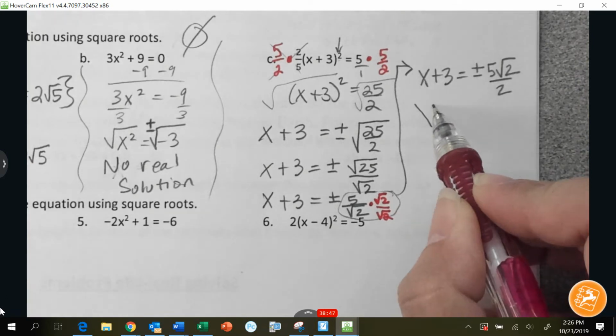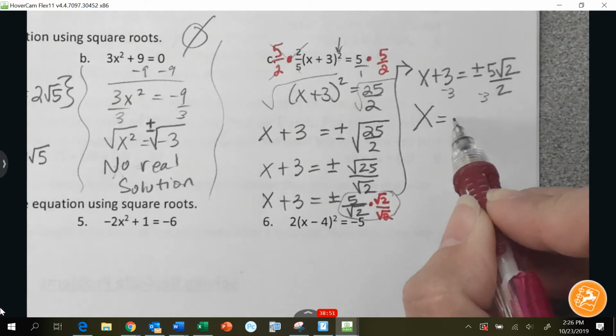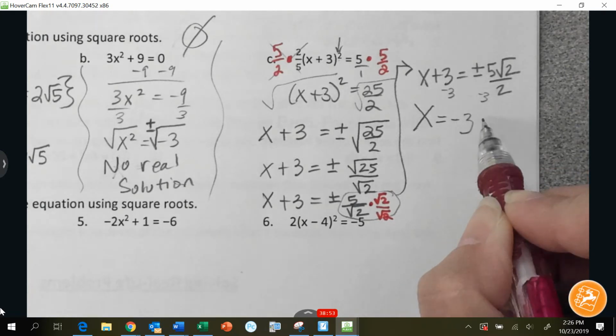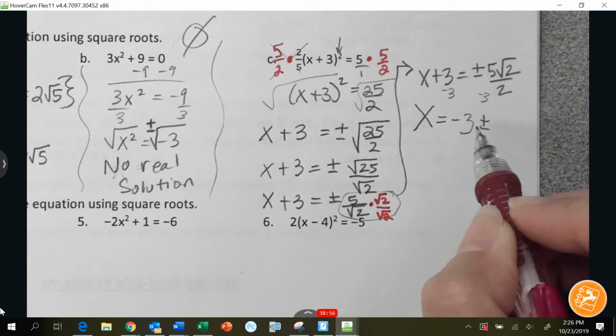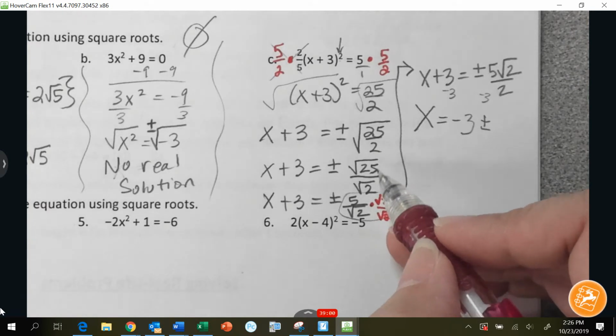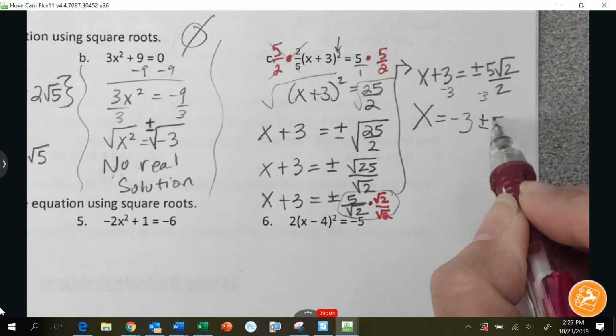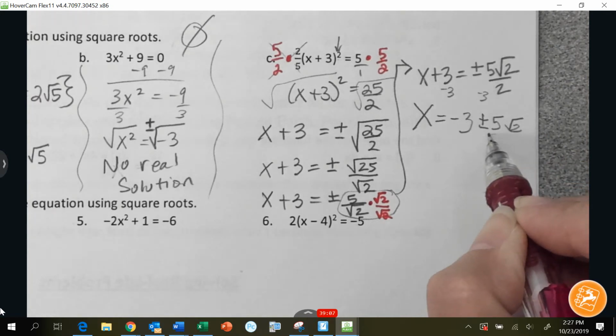How do I get x by itself? Subtract 3. Okay, so I'm going to have negative 3, and then I'm going to put my plus or minus. And I might have square root of 25 halves, or I might have 5 over square root of 2, or I might have 5 square root of 2 over 2.